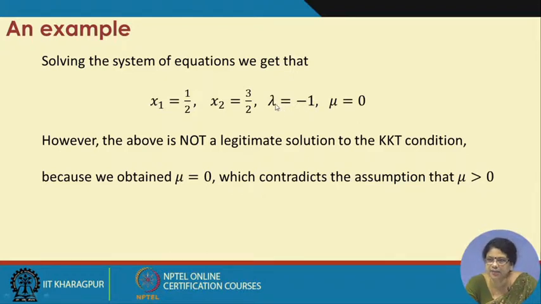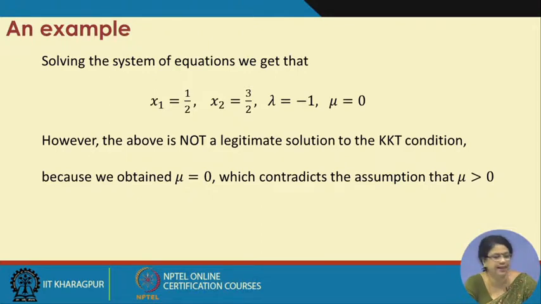Is it a KKT point? It is not a KKT point, because we are getting a condition which is contradictory in nature, because we have assumed mu greater than 0, but after doing the calculation we are getting mu is equal to 0. That is why we cannot say this is a KKT point at all. That is why mu greater than 0 cannot happen.